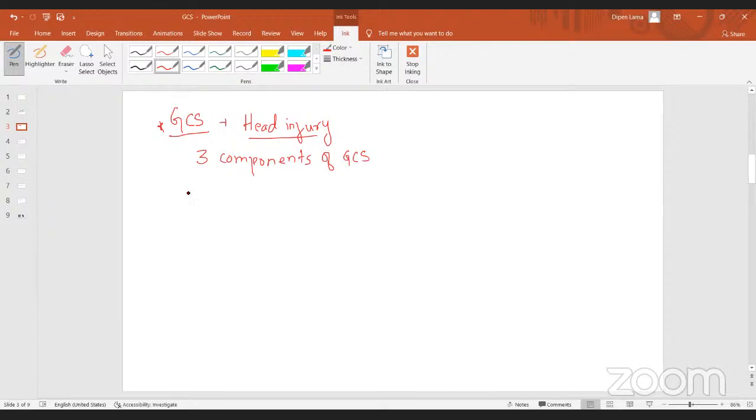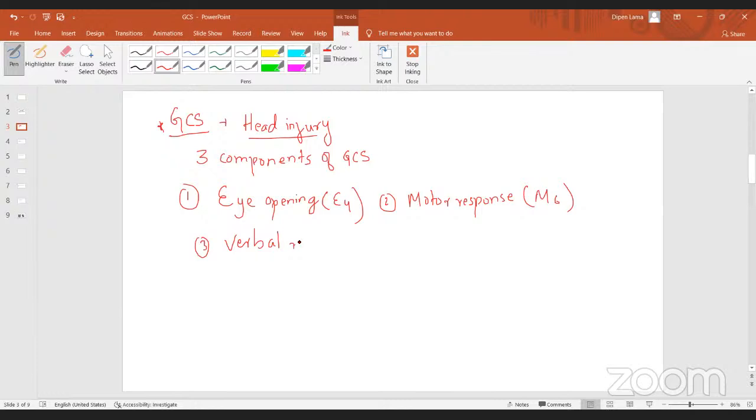So one is E, that is eye opening. So E4, maximum is 4. Another is motor response. Its maximum is 6, and another is verbal response.